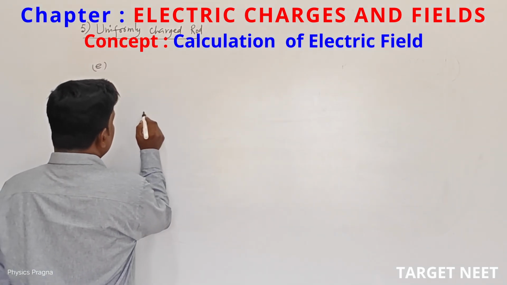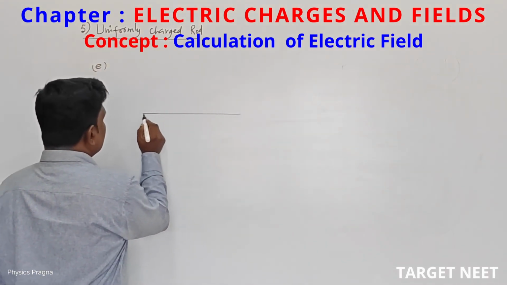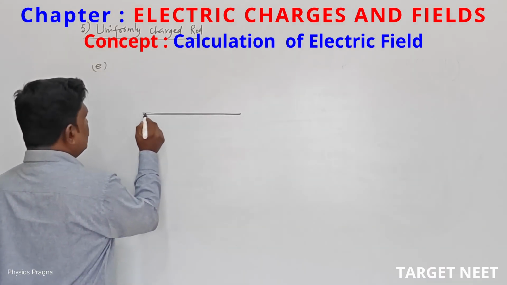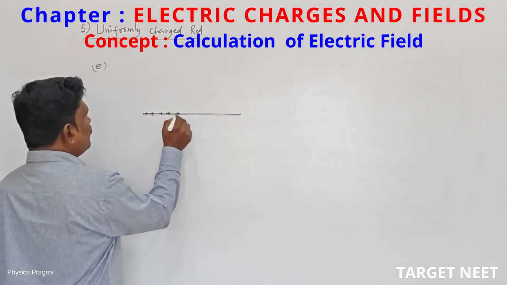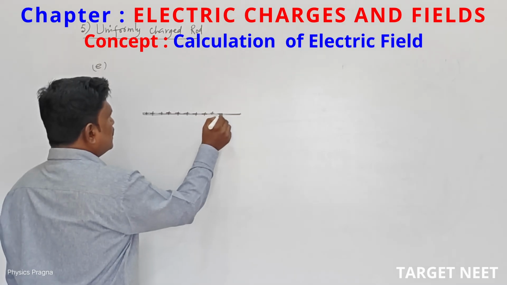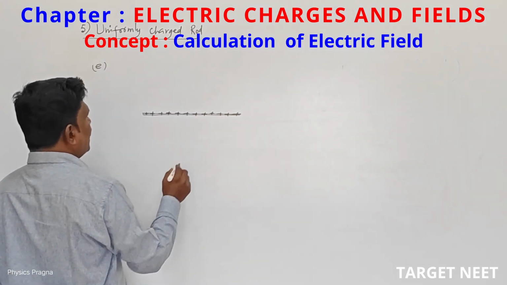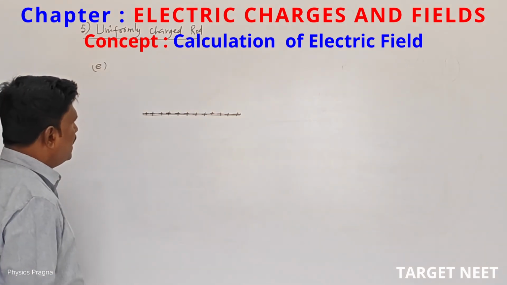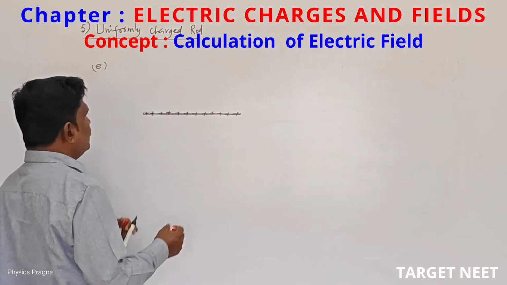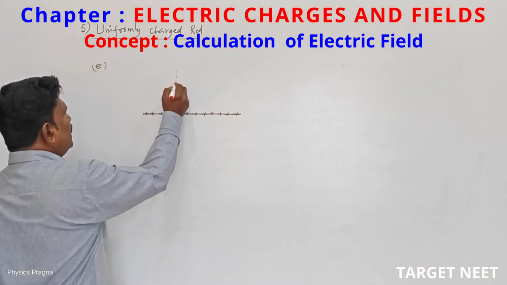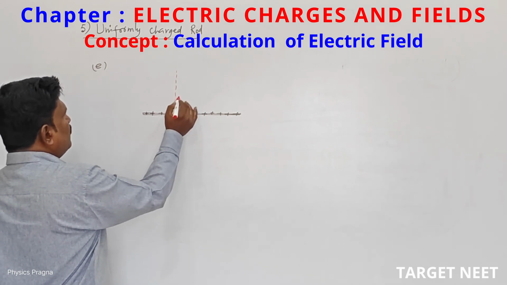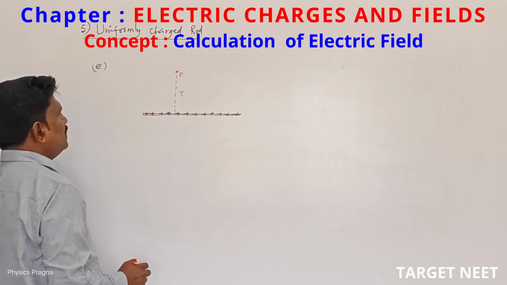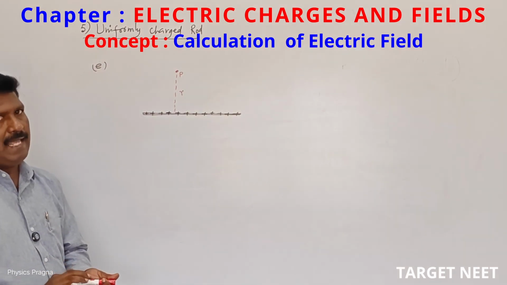So, this is a rod of length L, uniformly charged with positive charge, and the total charge on it is Q. Here at point P, which is at R distance, we have to find the electric field.